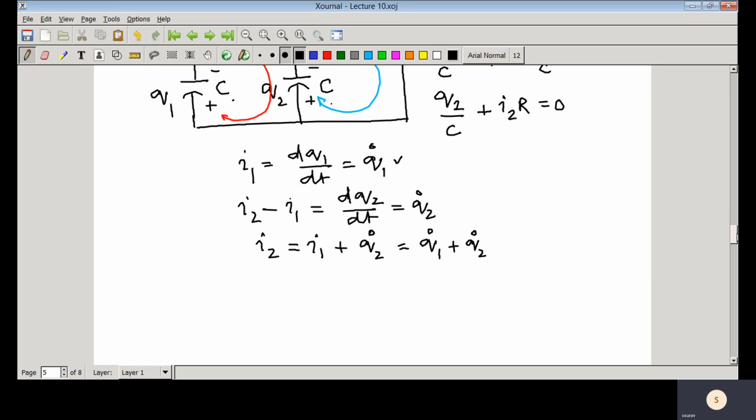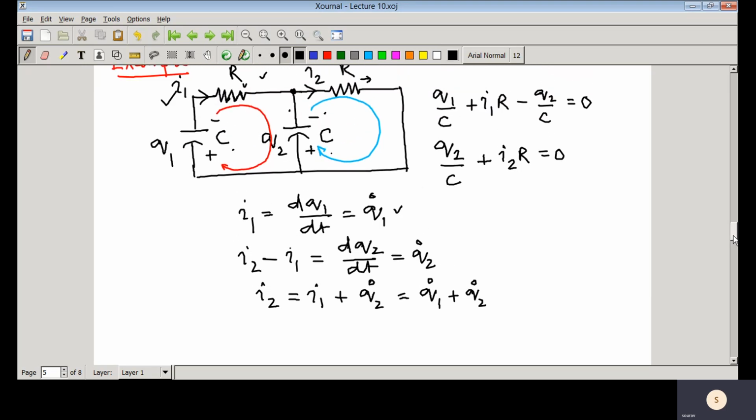Then let us write the state equation. So from the first equation, in place of I1, I will just put q1 dot.